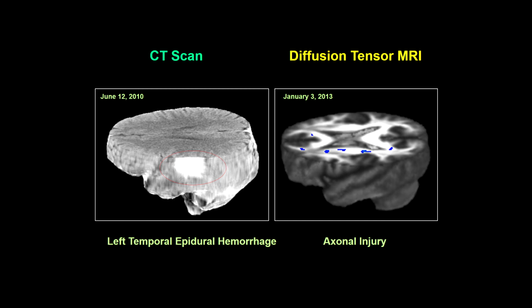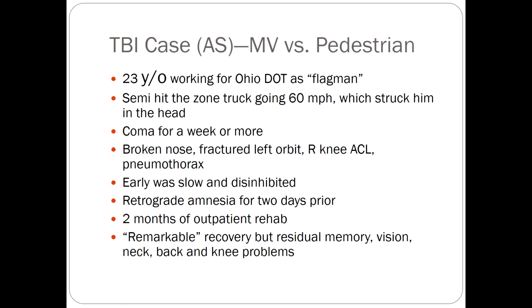In addition, you can see that he's got a couple of other foci of abnormality. So without DTI, we would not necessarily appreciate that he had axonal injury. We would possibly conclude that all he had was bleeding outside of the brain. So this was very helpful clinically.